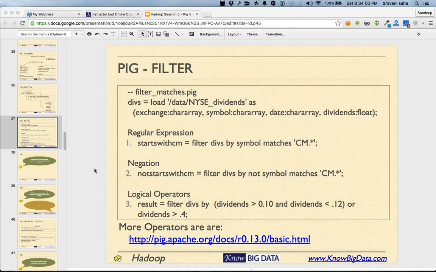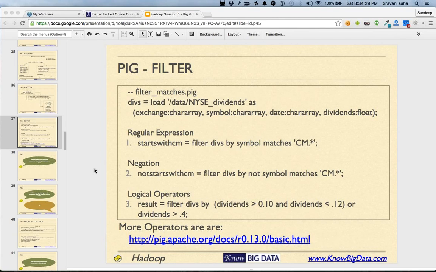This is something which people don't say, but this is what you will actually see when you look at Spark. Lazy evaluation, for example: when we say dump or store, only then the whole process happens. The same is true in case of Spark as well. You will see that when we discuss it.